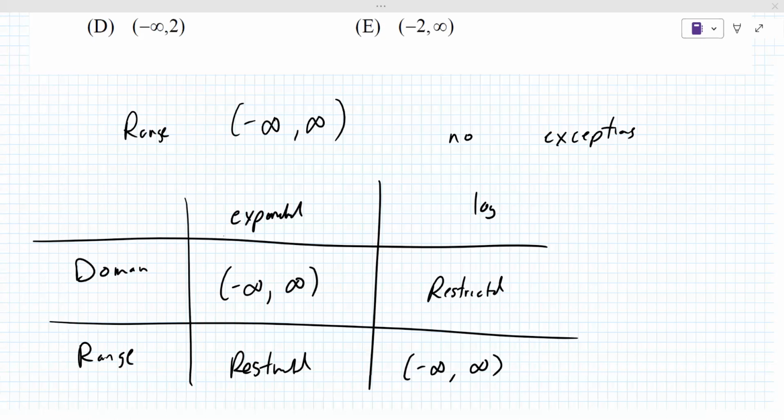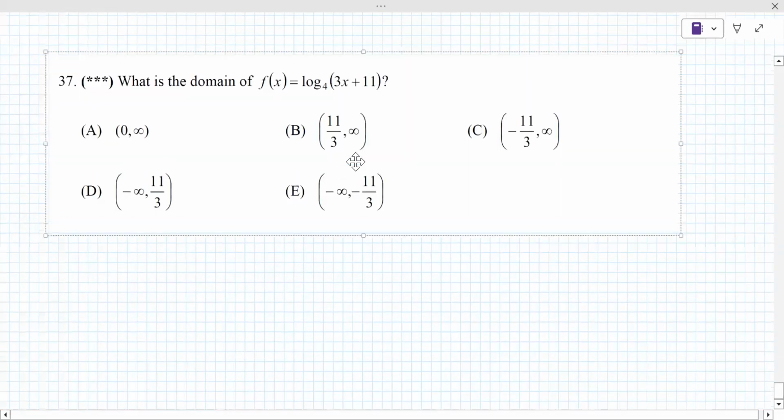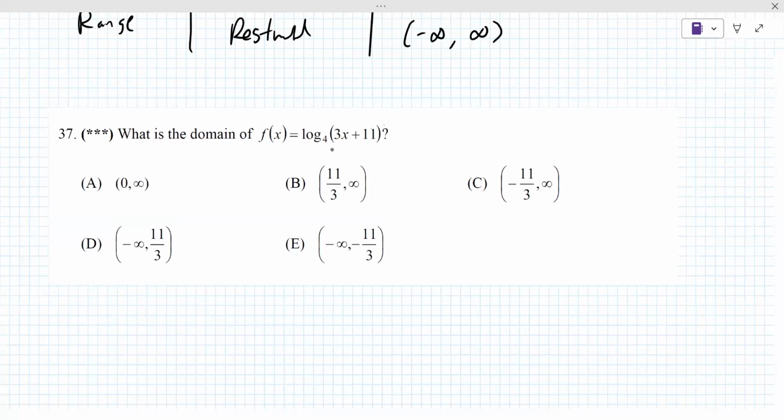Yeah. So 37 is the logarithm domain problem. So the logarithm domain problem is you have to set this part right here greater than 0. You can only take the logarithm of a positive number. You set that greater than 0.